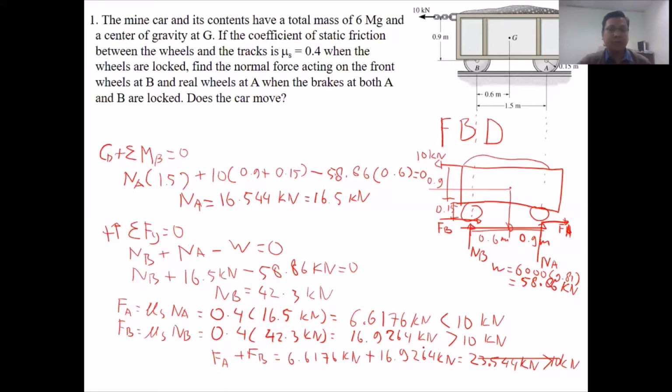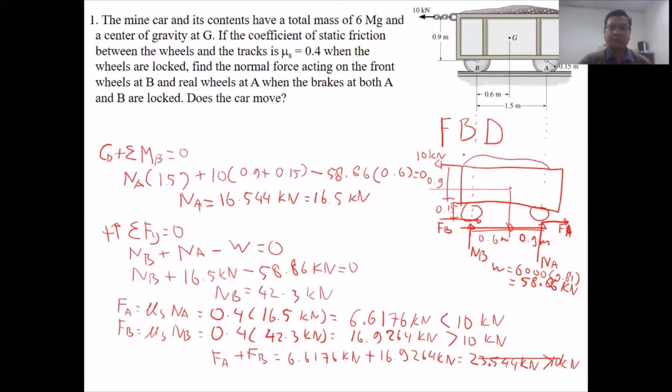If we lock wheel B, it means the trolley cannot move. How about when both wheels are locked? So the higher friction force means it cannot move in the direction to the left side.